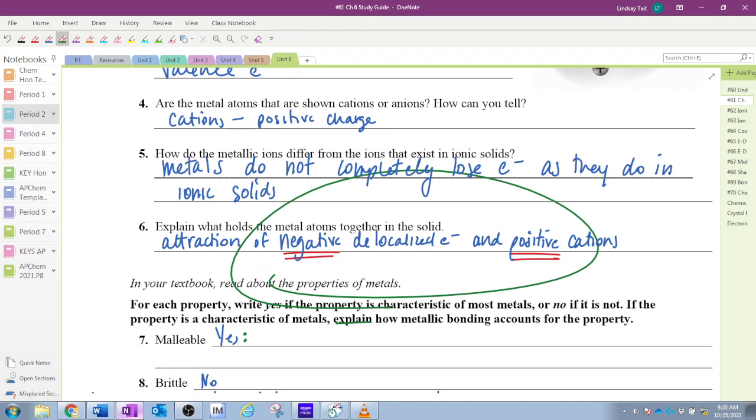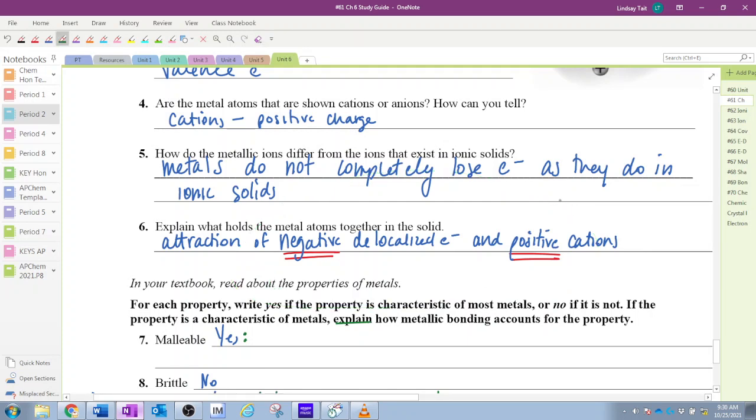So you never have to worry about too many like charges lining up, because the delocalized electrons can go wherever they need to maintain the necessary attraction. That's kind of the flexibility. This lattice is not locked into a specific arrangement. It is able to be shifted around, and the delocalized electrons can always move to accommodate the shifts in the cations. So that's going to lead to the malleability of your metals.